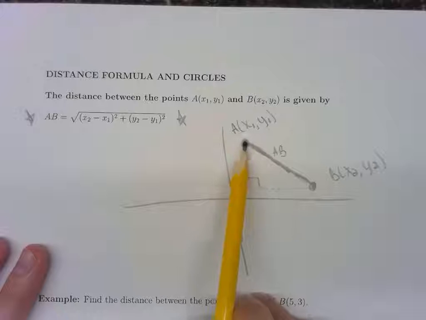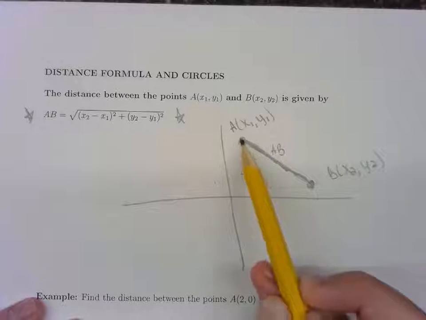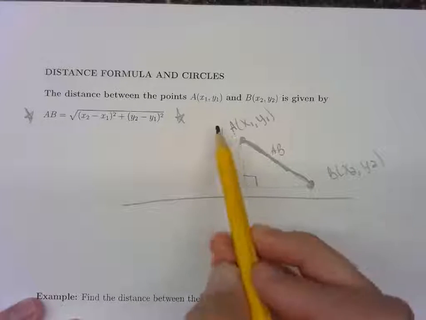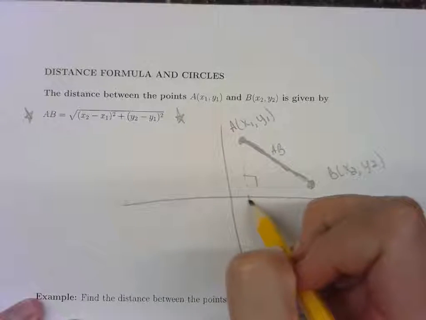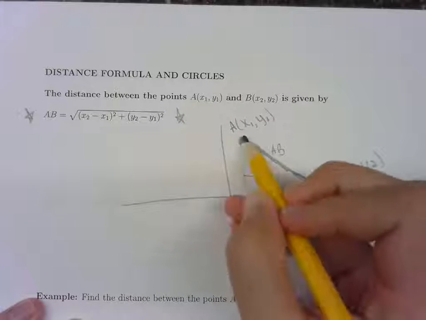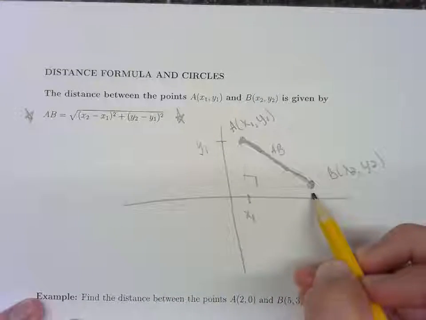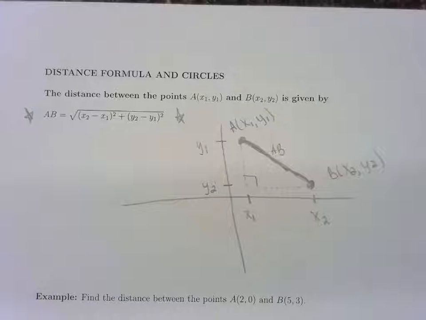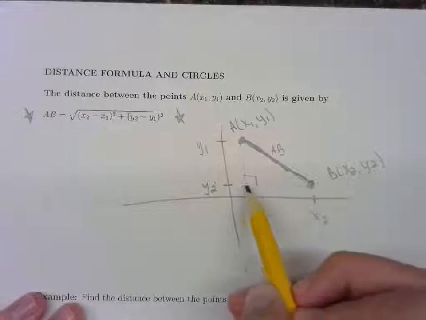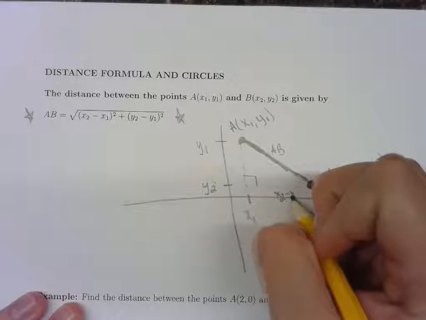Well, we know how to find the hypotenuse of a right triangle. That is leg squared plus leg squared. So we just need to figure out what this leg is and what this leg is. Let's on our axes go ahead and label these points. Go over x1, and then this point is up y1. This one is go over x2 and up y2. So this distance here is x2 minus x1.